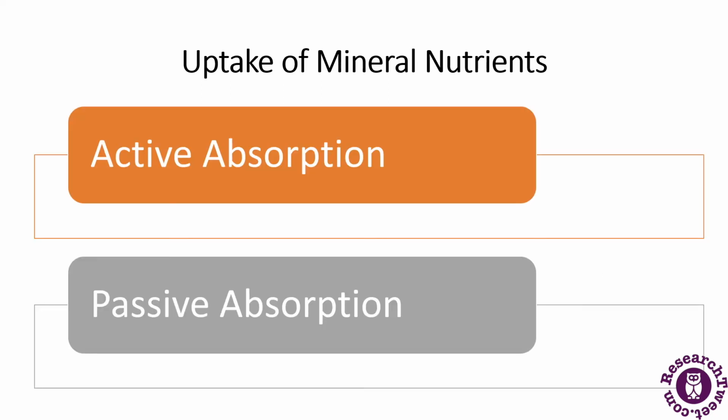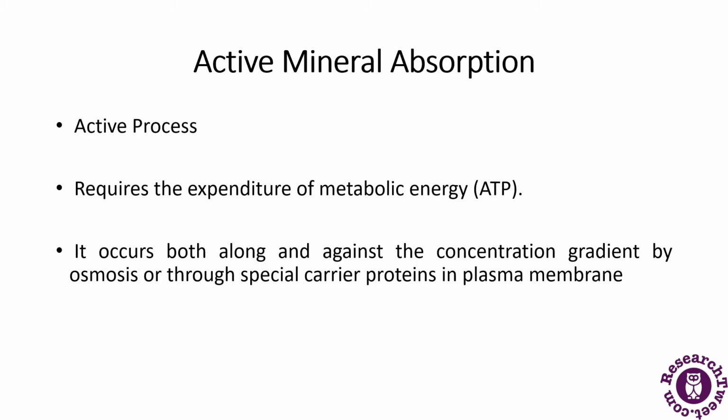Now there are two types of mineral uptake through which the uptake happens. It is by active absorption and passive absorption. We will be discussing each of these in detail. Now what is active absorption? Active absorption, as the name suggests, is an active process.